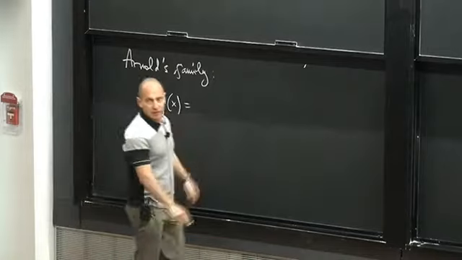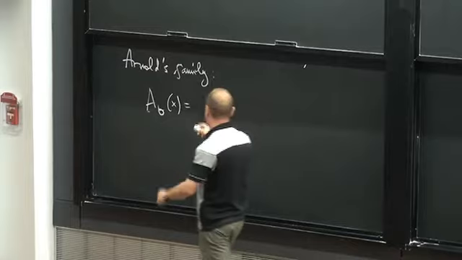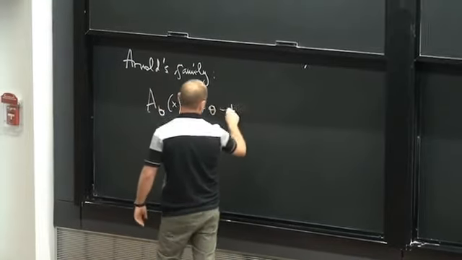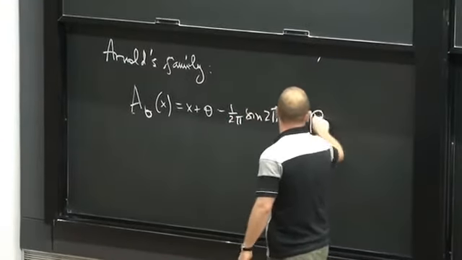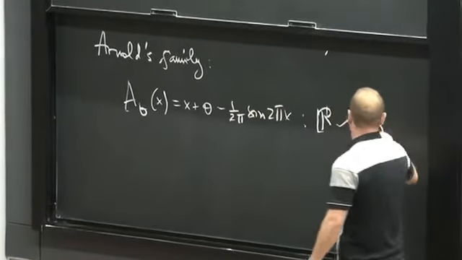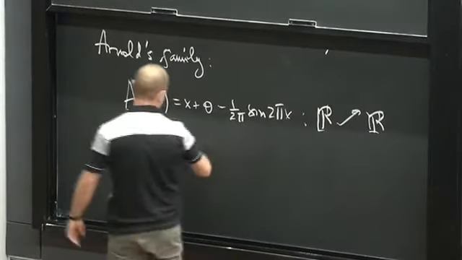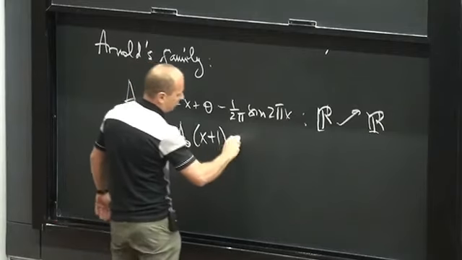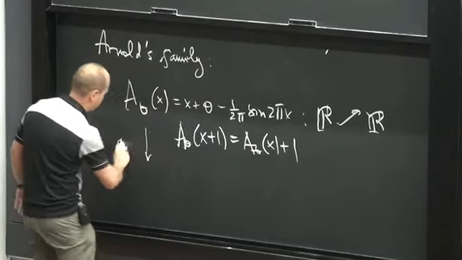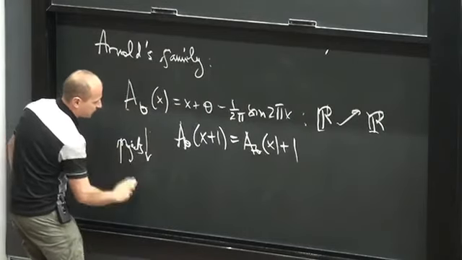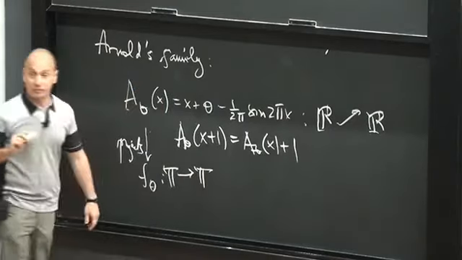Look at the real analytic map defined by A theta of x, which is x plus theta minus 1 over 2 pi sine 2 pi x. So this maps R monotonely to R, has cubic critical points at integers, and commutes with the unit translation. And therefore projects to a well-defined critical circle map f theta, which maps the circle to itself. Okay?